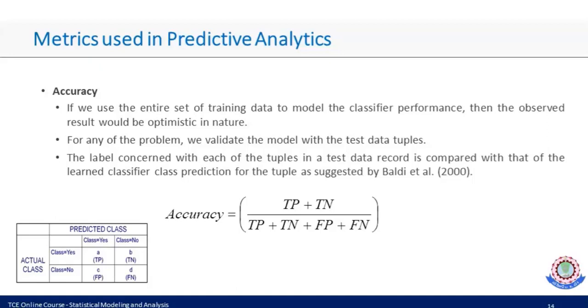You can notice in the table the performance of the classifier with respect to actual class labels to that of the predicted class labels. So, with this confusion matrix, we will estimate how many tuples of records are correctly classified by the classifier.